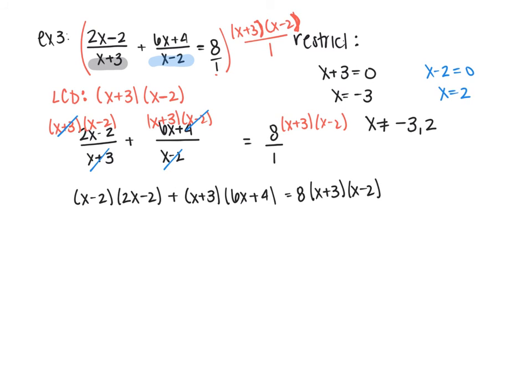Again, if you multiply by the correct LCD and you multiply everything on the numerator, those fractions should go away. If they don't go away, you're doing something wrong.